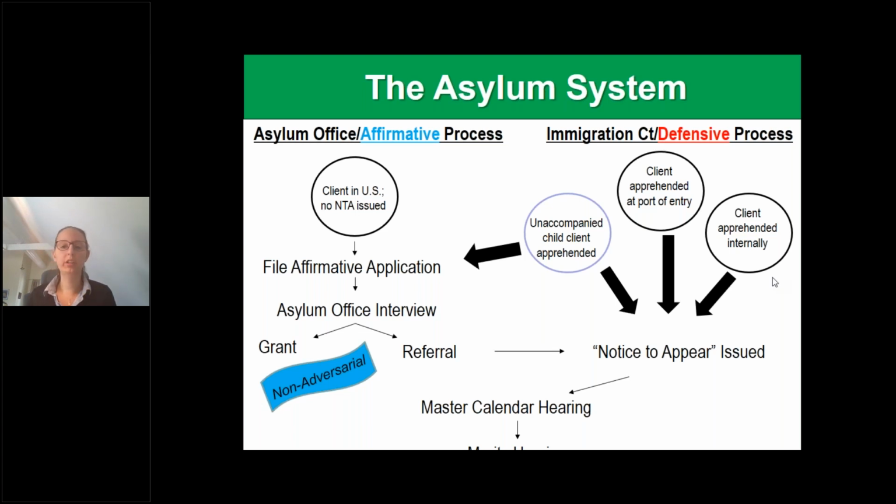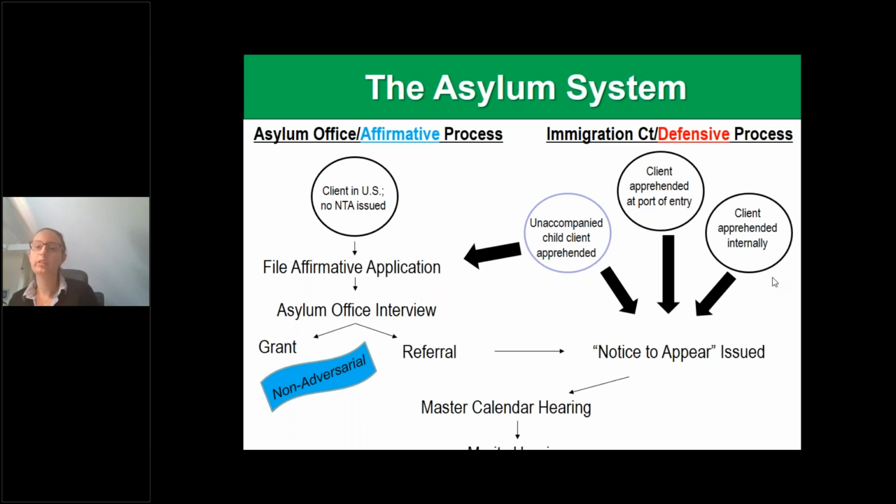Your client will be interviewed by an asylum officer, and there are two possible outcomes. Your client can either be granted asylum at this stage, which means that you're finished and everything is over, or your client will get referred to the immigration court, in which case you have to present the case again, but this time in a defensive posture.